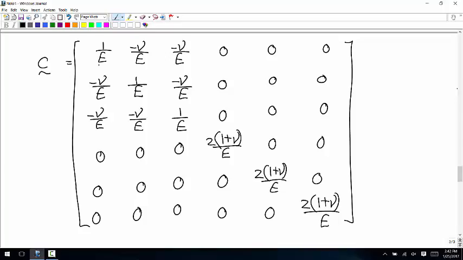And then if you know the stress values at a point, you can multiply this matrix times the Voigt stress to get the strain.